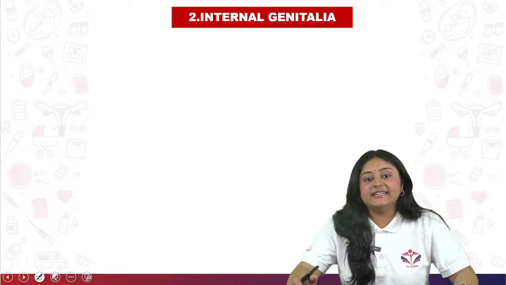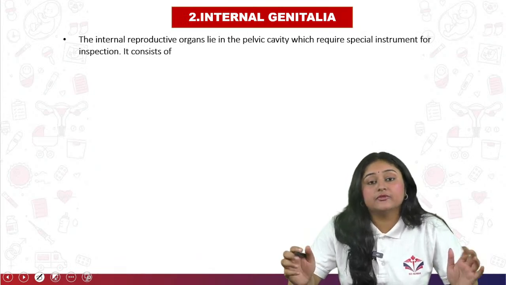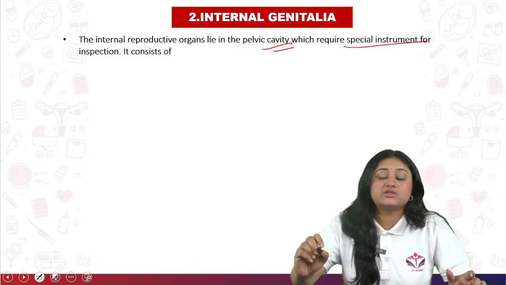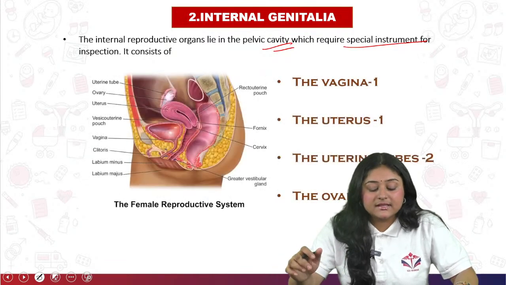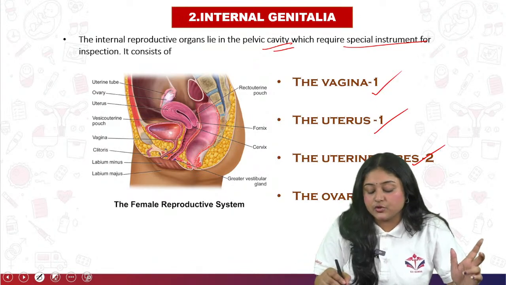Now come to the internal genitalia. The internal reproductive organs of the female lie in the pelvic cavity and require special instruments during inspection. Okay, it consists of one vagina, one uterus, two uterine tubes or fallopian tubes and two ovaries.